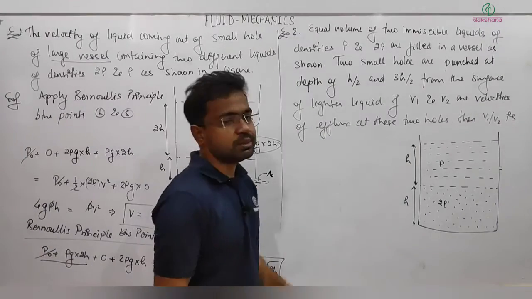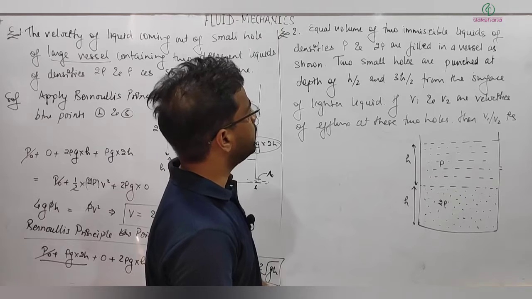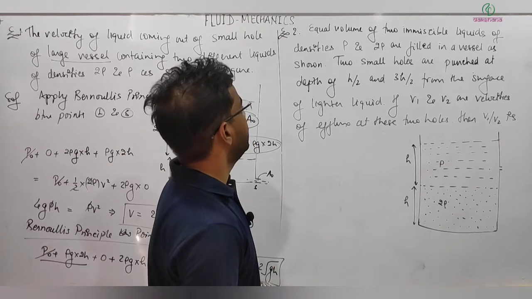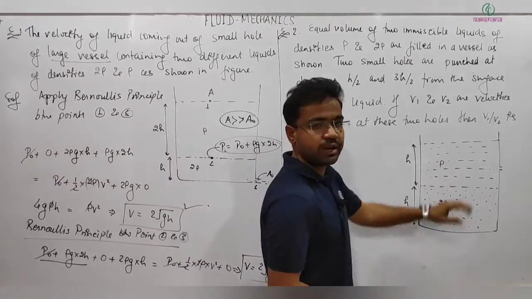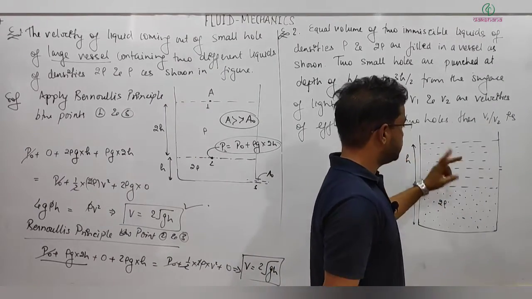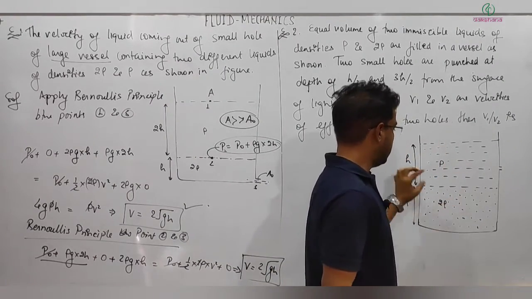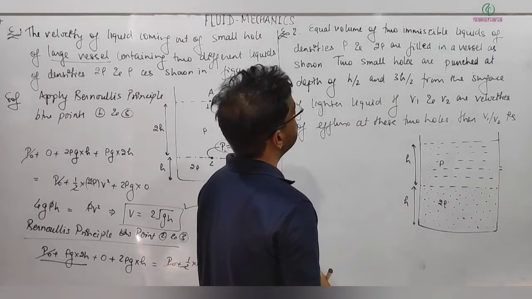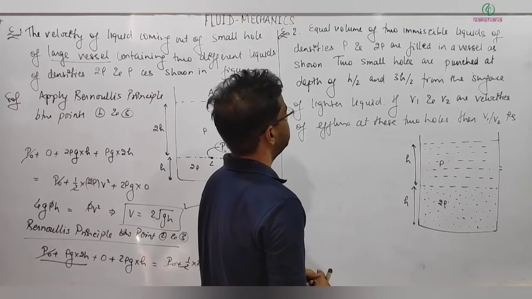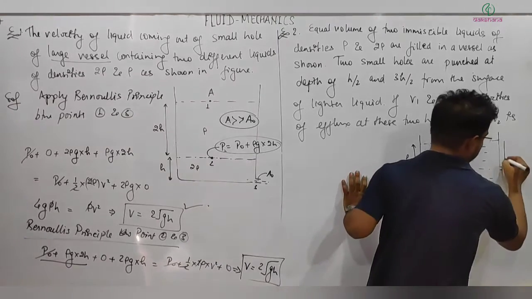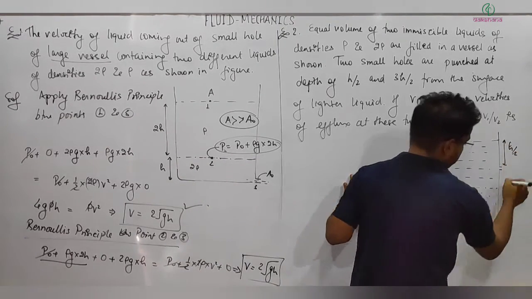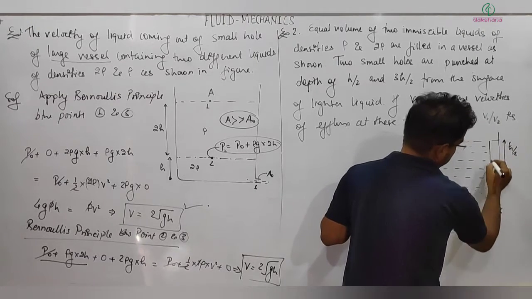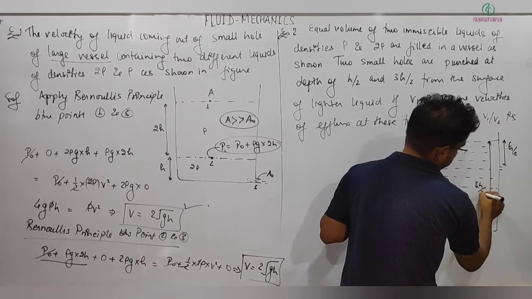Let's see one more application based on it. Equal volumes of 2 immiscible liquids of density rho and 2 rho are filled in a vessel as shown. So here we have one vessel and 2 liquids of density rho and 2 rho, filled in equal volume, and 2 small holes are punched. One hole is at a depth of h by 2, and another hole is punched here at a depth of 3h by 2.